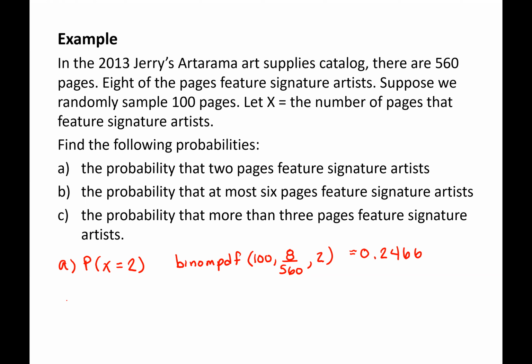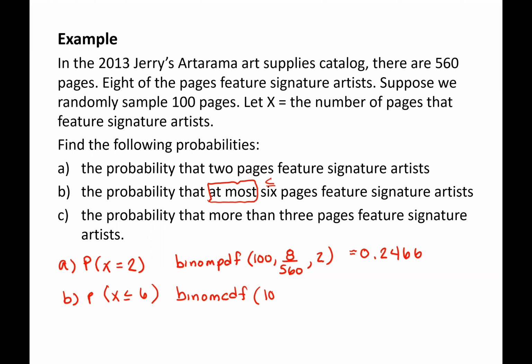So the second part of this, part B, we want the probability that at most 6 pages feature signature artists. So at most, remember, is less than or equal to. So we're interested in the probability that x is less than or equal to 6. Now we're going to use the cumulative binomial.